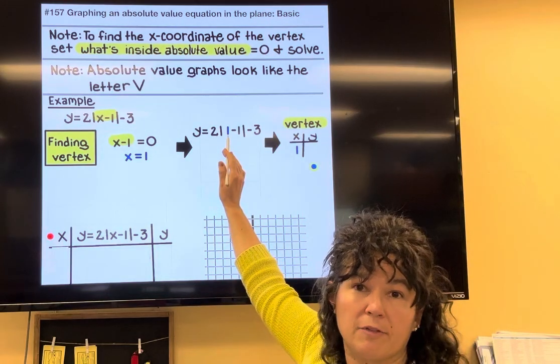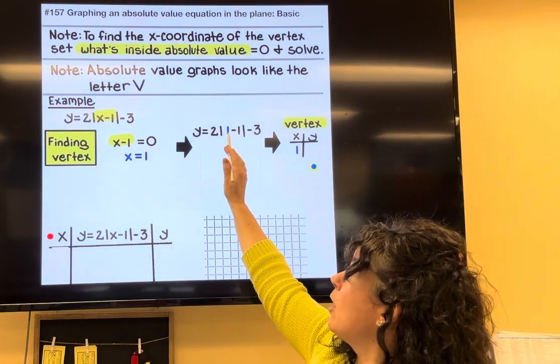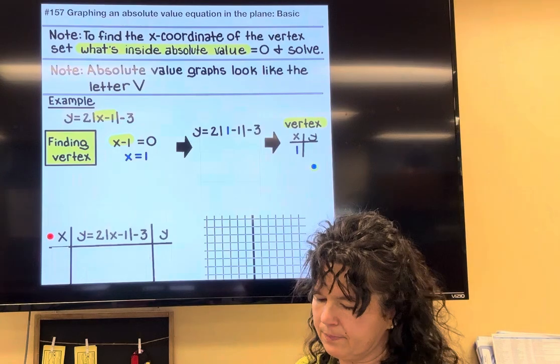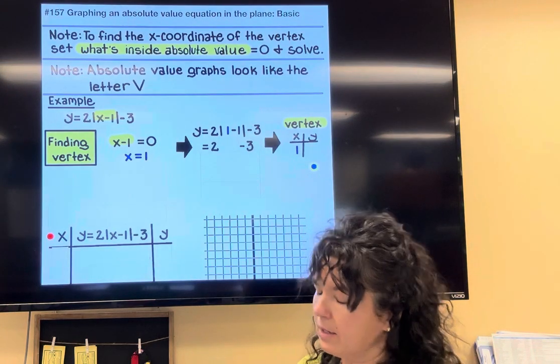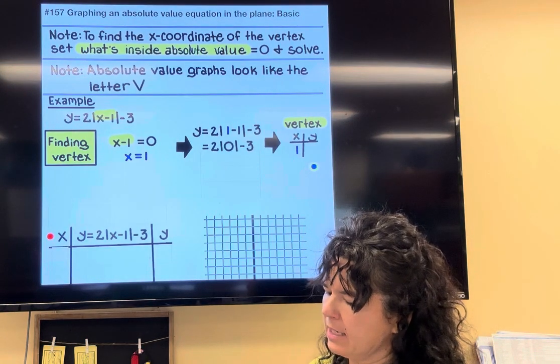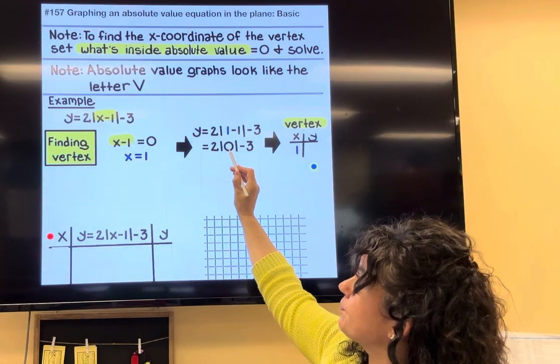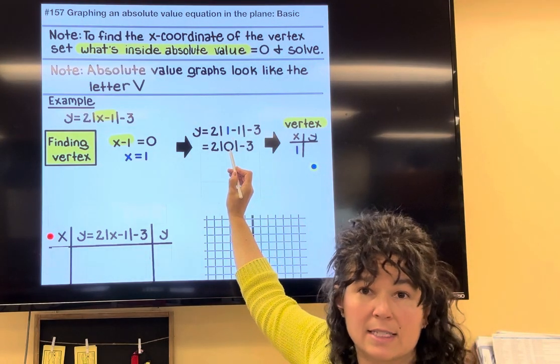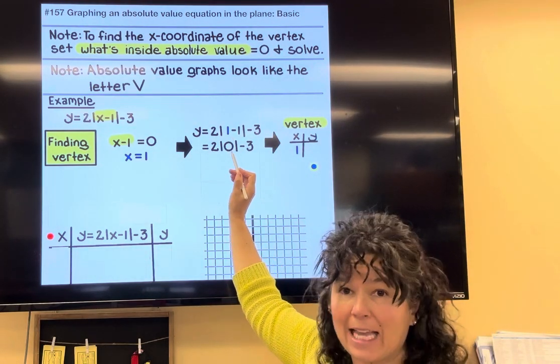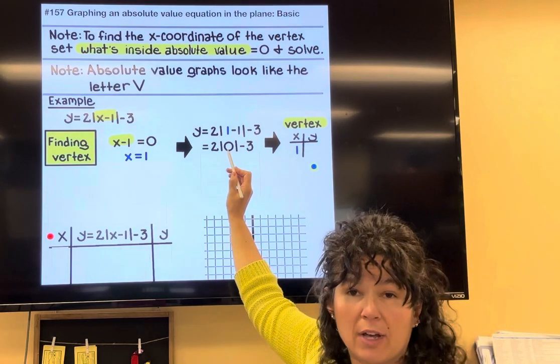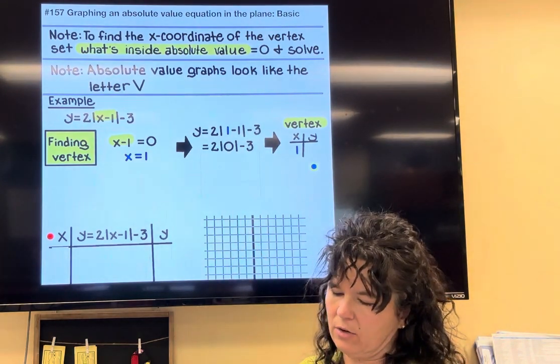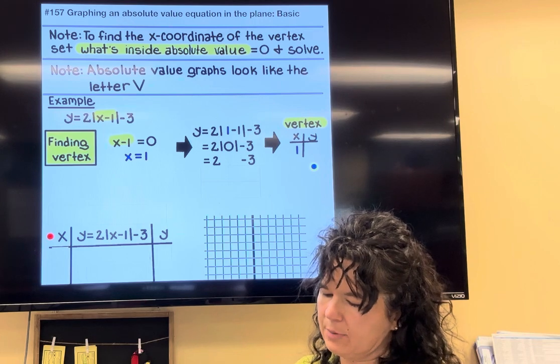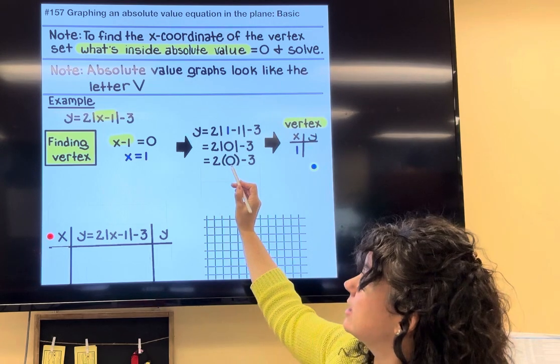Then let's simplify what's inside the absolute value. 1 minus 1 is 0. Now I want to take the absolute value, and the absolute value of 0 is 0.